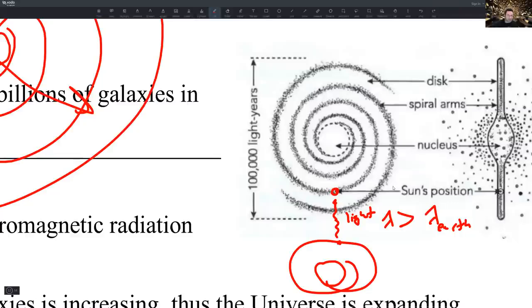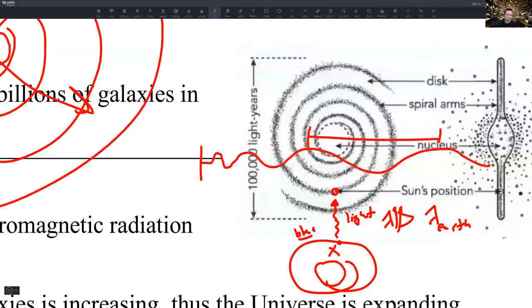قصدي إيه؟ قصدي إن, for example, if I'm getting blue light from the galaxy X, the blue light on Earth has a different wavelength. اللي جايالي من X is larger, which means في حاجة مسكت الwave and it stretched it out and made the wavelength larger.